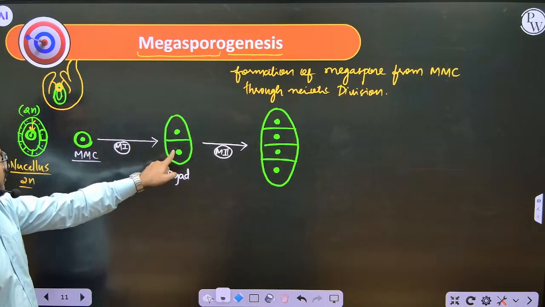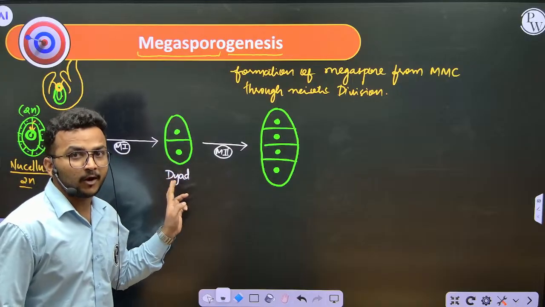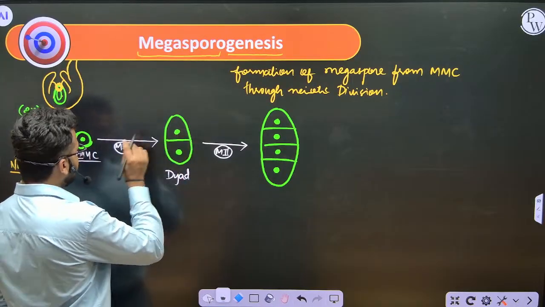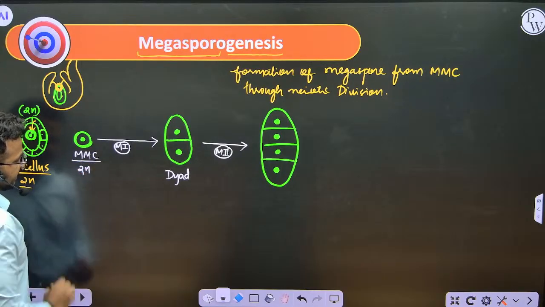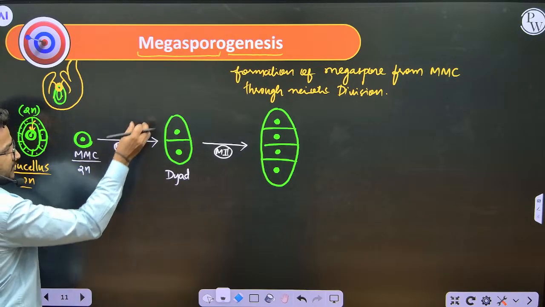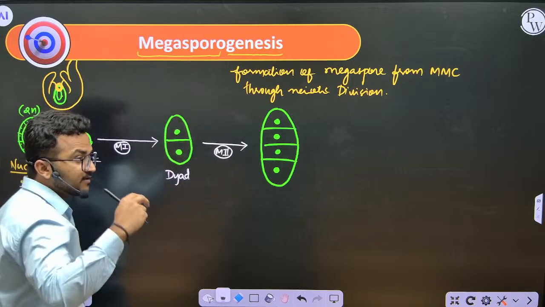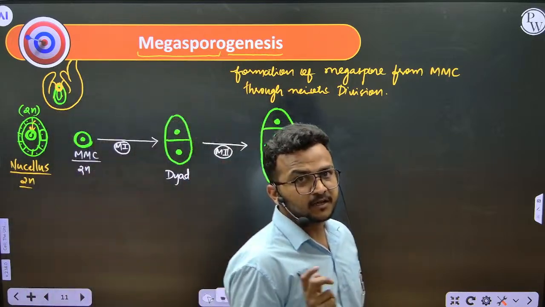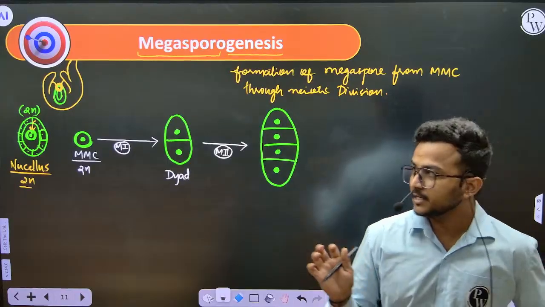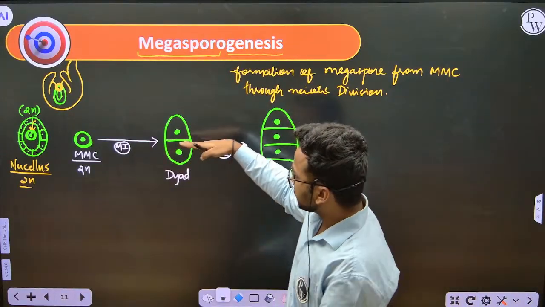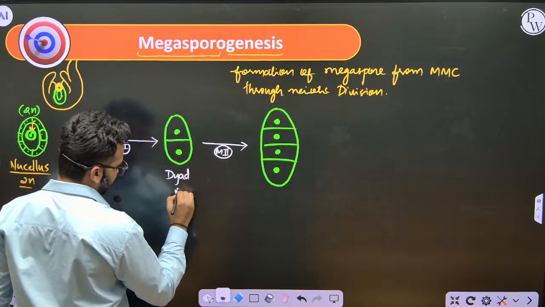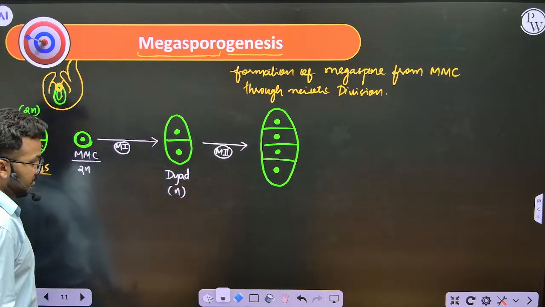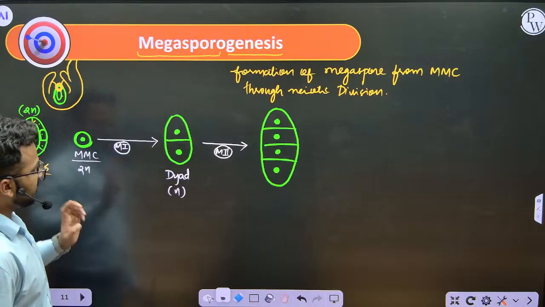What is the ploidy of these cells? The megaspore mother cell was 2n. Meiosis 1 is a reductional division, where the chromosome number reduces from 2n to n. The dyad cells will be n, haploid.